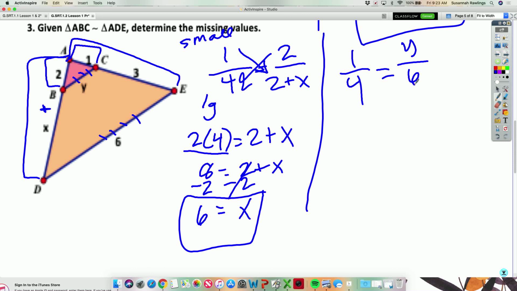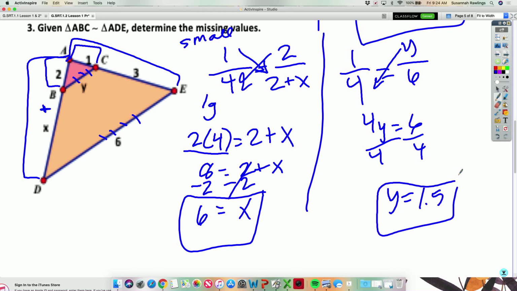And go ahead and cross multiply and solve. Okay, do we get 1.5? Yes.